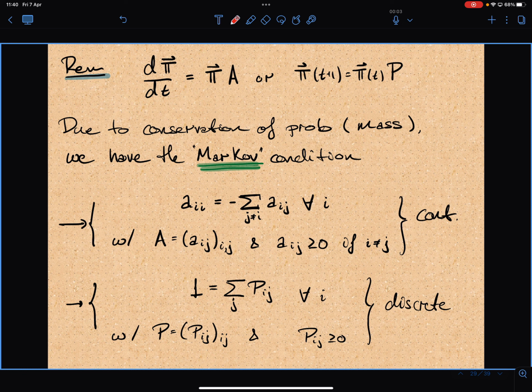In the continuous case, you have a similar condition. Your entries are going to be aij. The non-diagonal entries are going to be positive, the diagonal entries are going to be negative, and the sum of the rows has to add up to 0. You can check that that condition will preserve your probability.